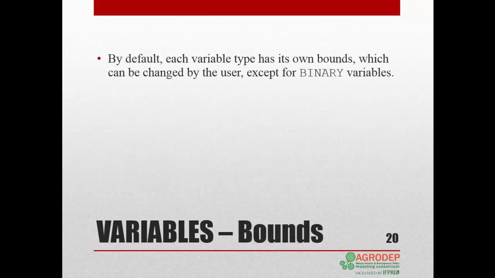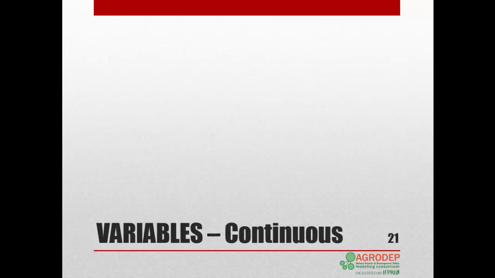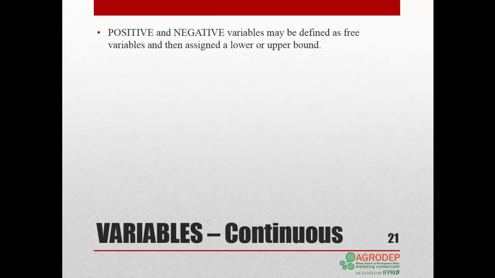By default, GAMS assigns bounds to each variable type as shown in the following table. The user can change these bounds except for binary variables, which can only be equal to 0 or 1. We can define positive and negative variables as free variables and then assign to them a lower or upper bound.